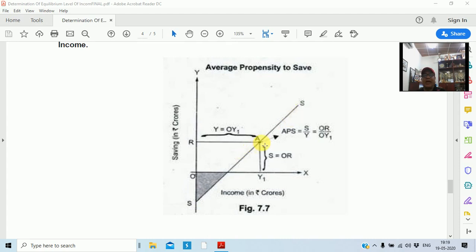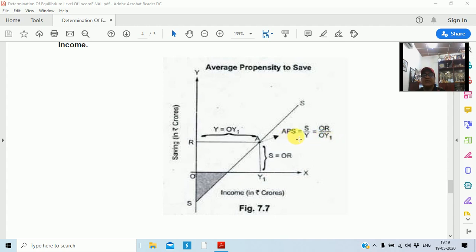Now if we calculate APS at point A, APS is equal to S by Y. So look at point A, this is the total savings. How much? OR. So total savings is equal to OR. And this is the total income, OY1.